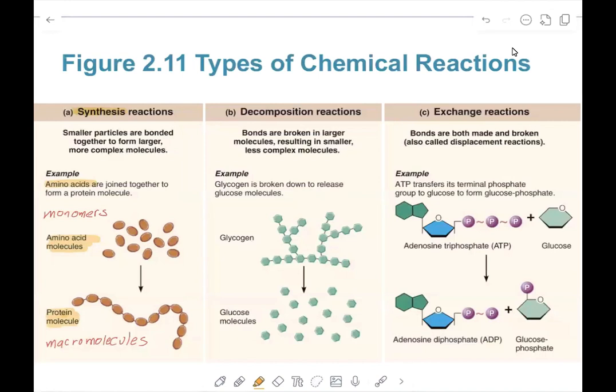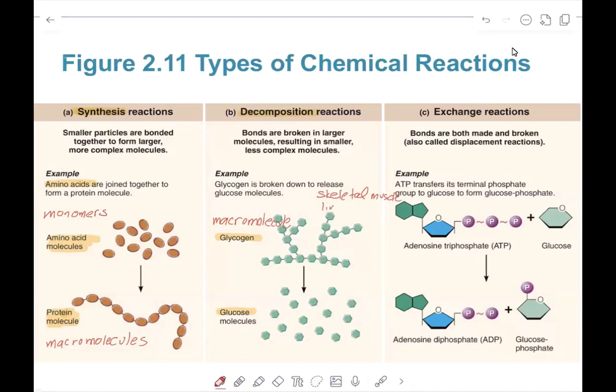The opposite of that would be a decomposition reaction. And we could simply turn the arrow here in this direction, and that would be a decomposition reaction. However, the example that they give you starts with a macromolecule and breaks it down into monomers. So glycogen would be a macromolecule. It's actually a macromolecule that's stored in your skeletal muscle and also in your liver.